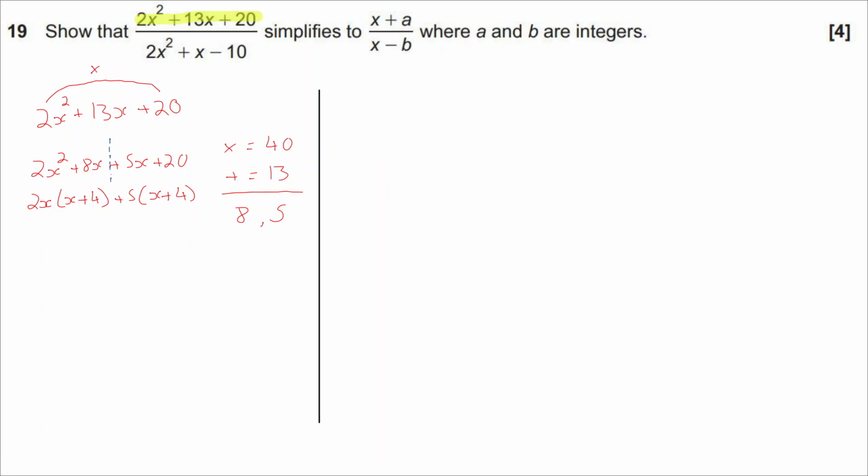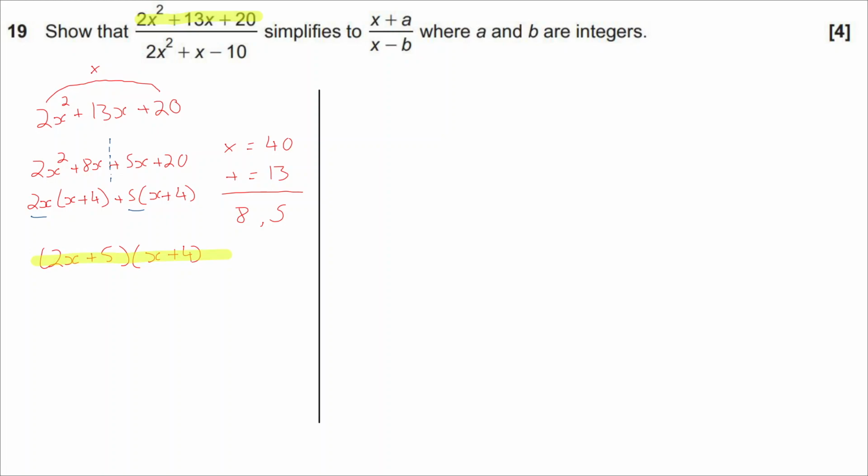It is good. So my two brackets are going to be, taking out a 2x and a 5 from x plus 4, 2x plus 5 and also x plus 4. So this is my first quadratic factorized.